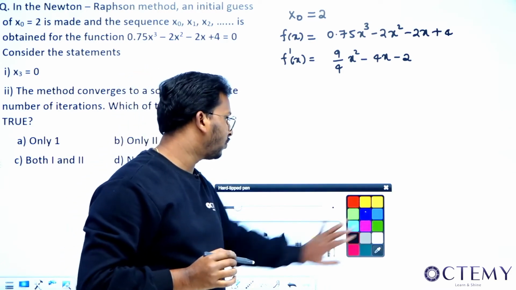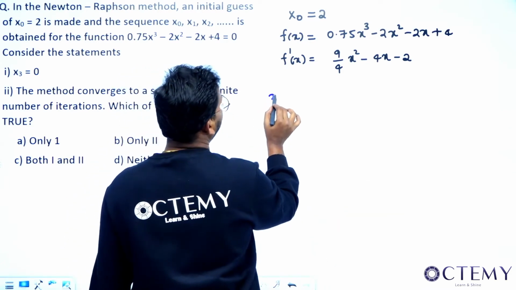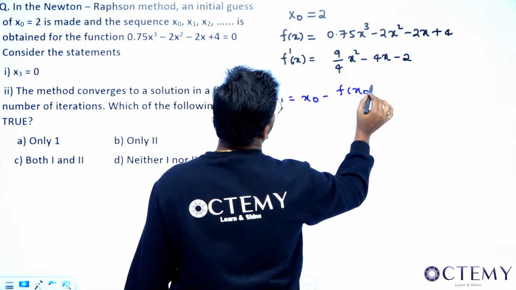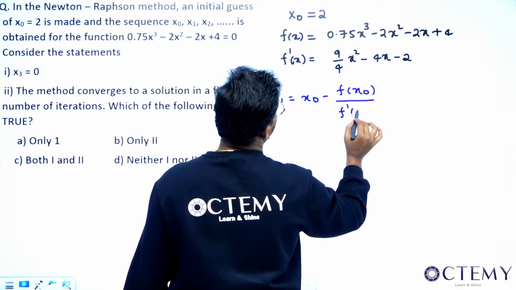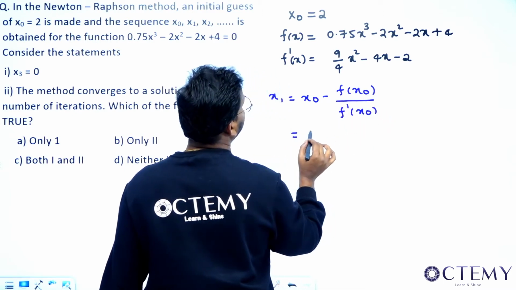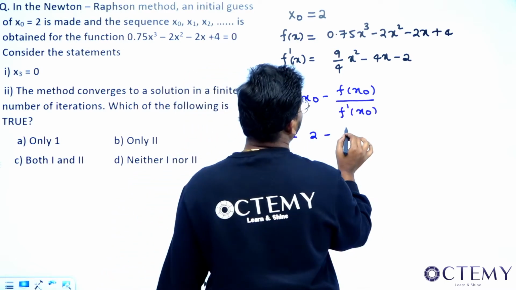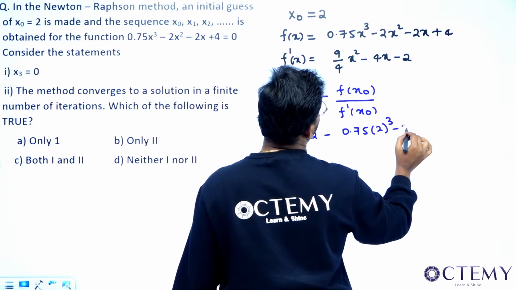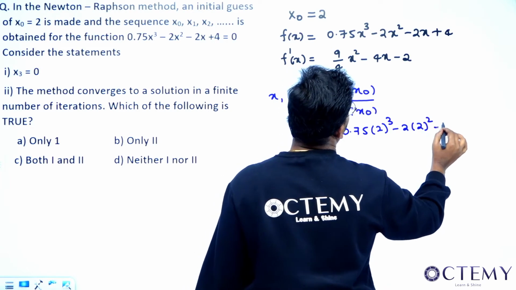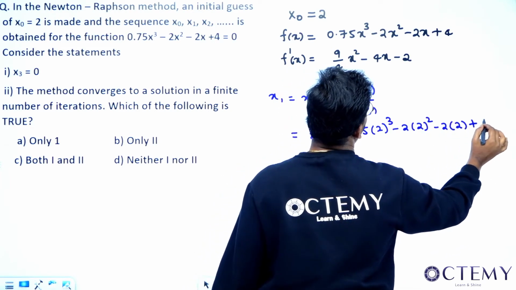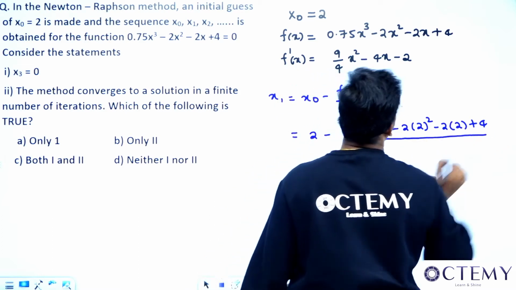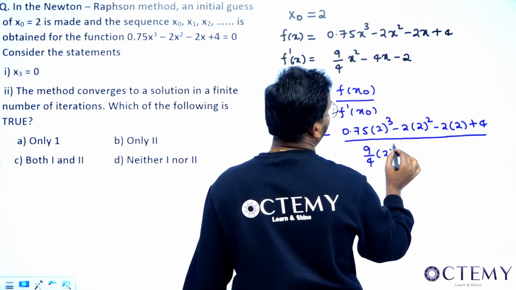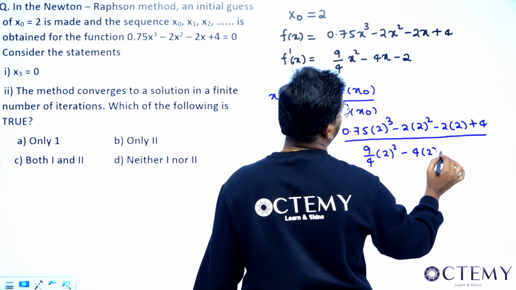Now if I want x1, what will be x1, sir? Your x1 will be x naught minus f of x naught divided by f dash of x naught. So x naught value is 2 minus 0.75 into 2 cube minus 2 into 2 square minus 2 into 2 plus 4, divided by the differentiated function, that is 9 by 4 into 2 square minus 4 into 2 minus 2.